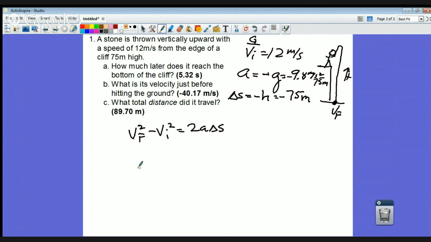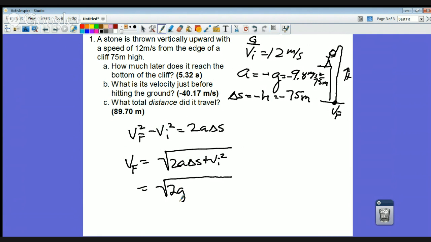So solving that for the final velocity, you get that VF is equal to the square root of 2A delta S plus VI squared. And the A is negative g, and the delta S is negative h, so the negatives cancel out, and we get 2gh plus VI squared. You'll find the final speed.